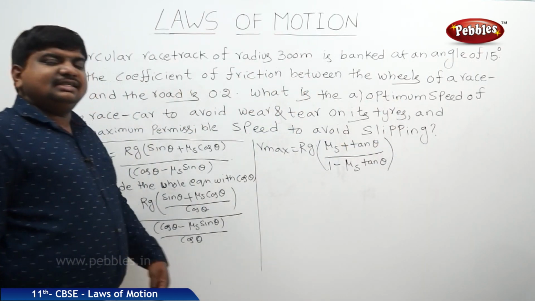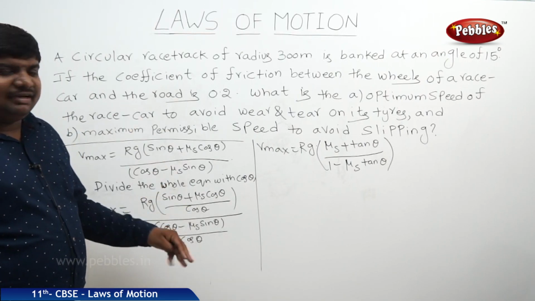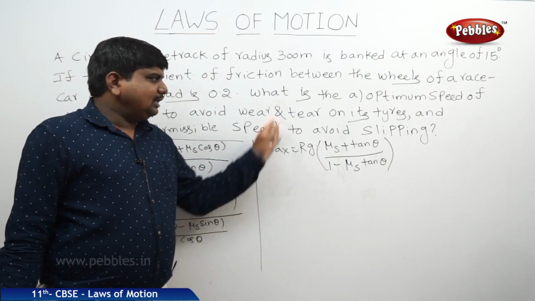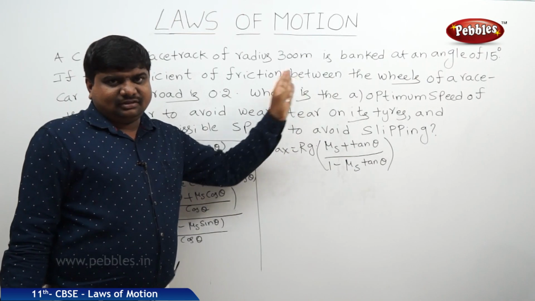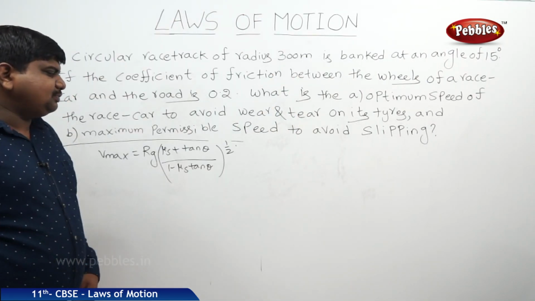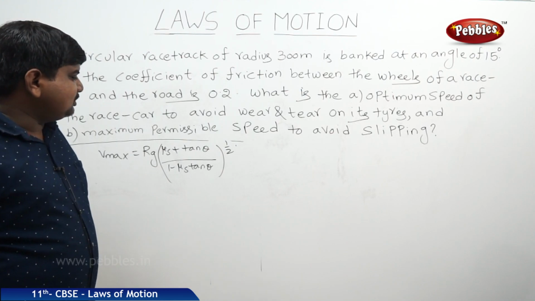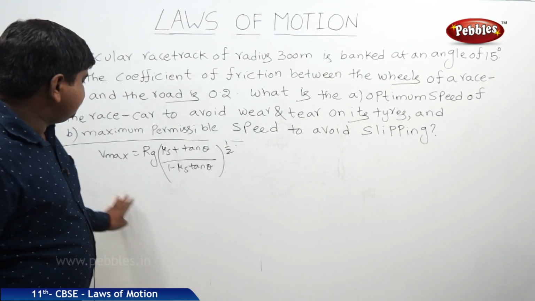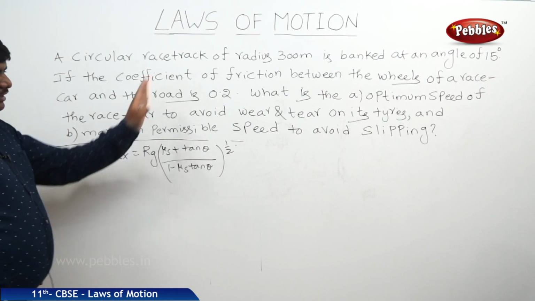This is the simplest form of the equation to solve typical cases of this problem. So v max is equal to Rg into mu s plus tan theta by 1 minus mu s tan theta, whole to the power half.